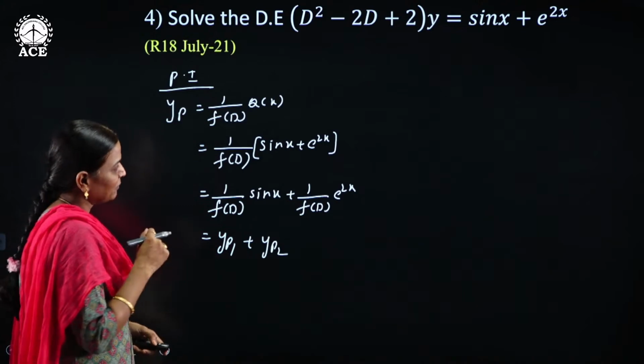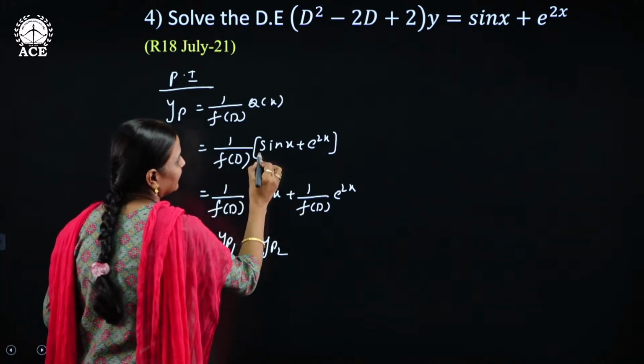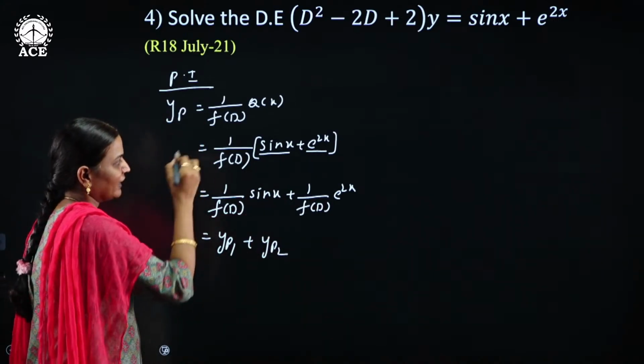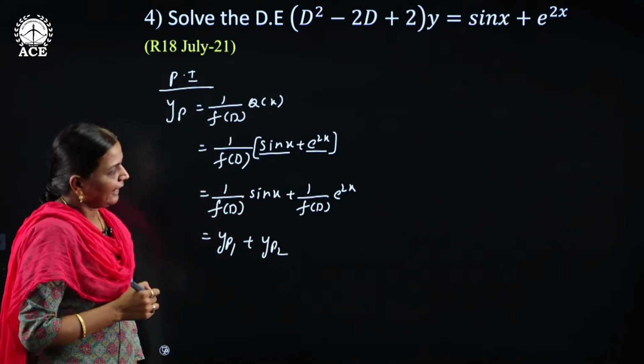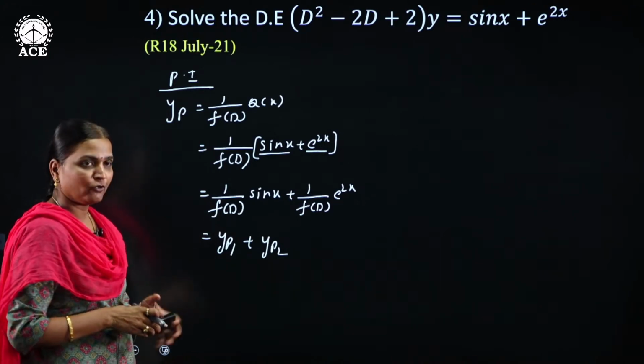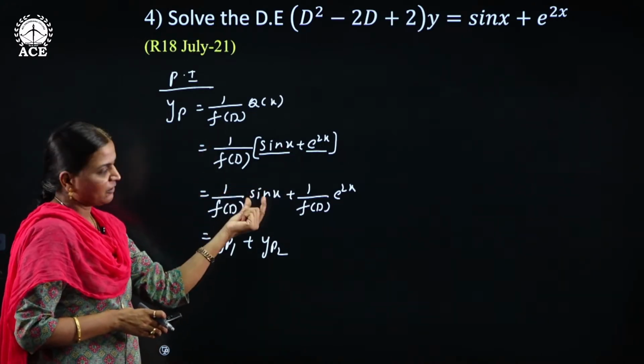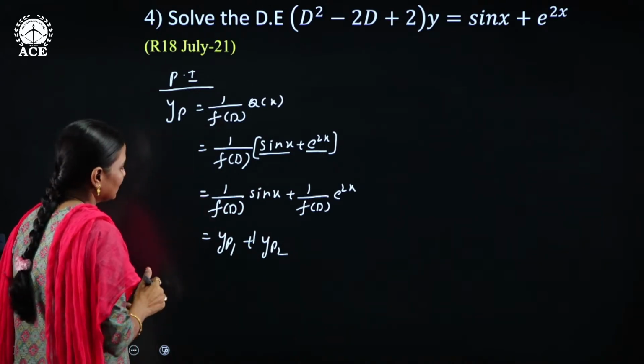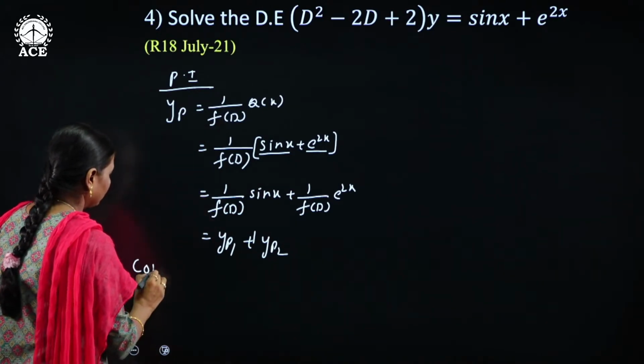Why am I splitting this into two parts here? These two are different forms. In q of x, one is sin x and another one is exponential. So that's why before writing the formula, first split the particular integral and calculate one by one. So consider yp1.